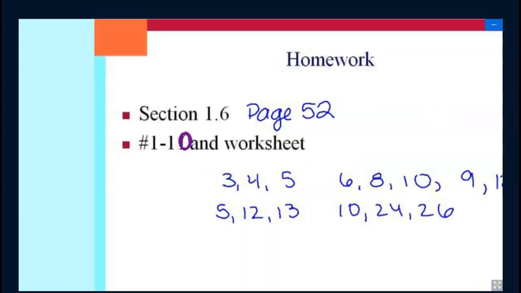Okay. On that slide I gave you, these are problems. Just FYI, these are the Pythagorean triples. We do a lot with triangles in calculus.